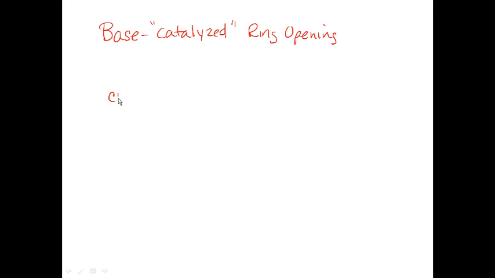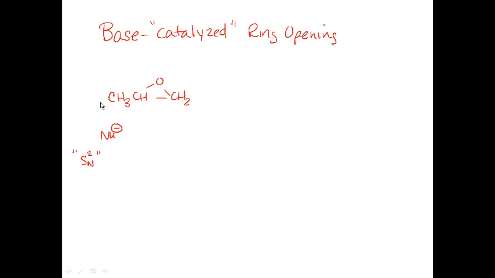If we go back to our same epoxide that I just used, and now I'm going to react it with a negatively charged nucleophile, now this mechanism is going to go with a much more SN2 characteristic.